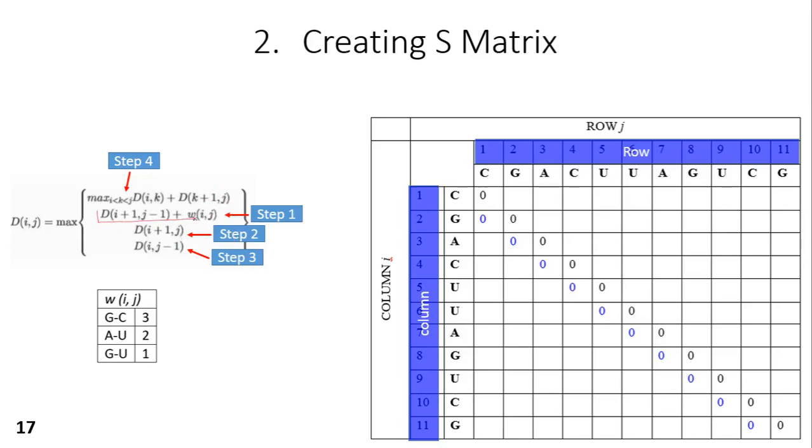This expression of your Nussinov-Jacobson algorithm is termed as step 1. This much expression is called step 2, this would be called step 3, and the remaining expression, the bigger one, we would call step 4. So that is what we need to do for populating each and every position in your S matrix.